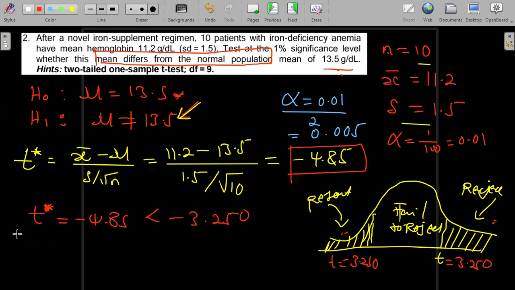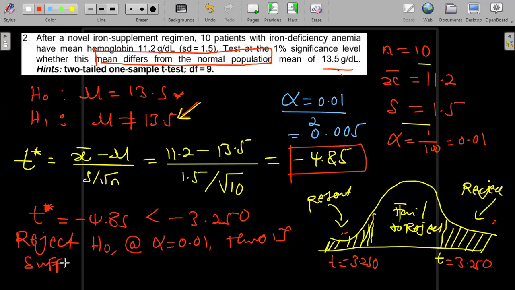So what does this mean? We are going to reject the null hypothesis.